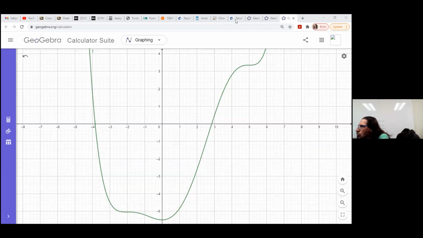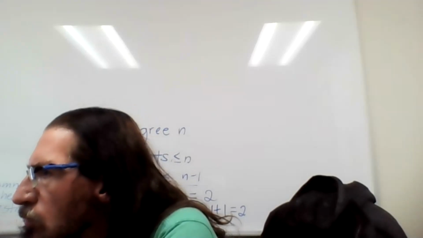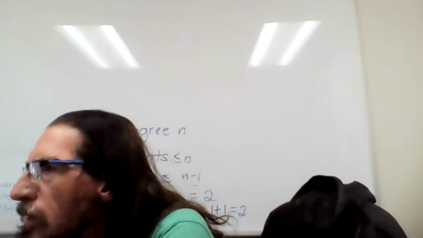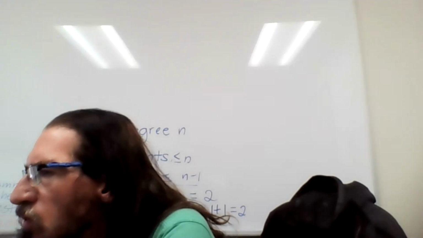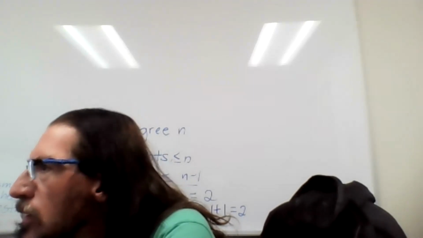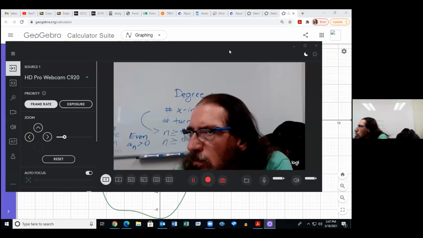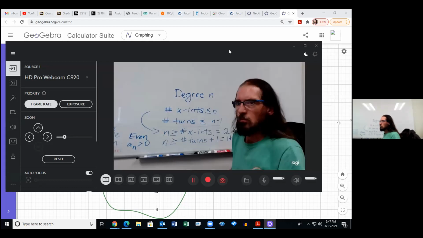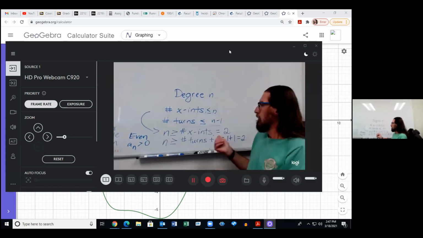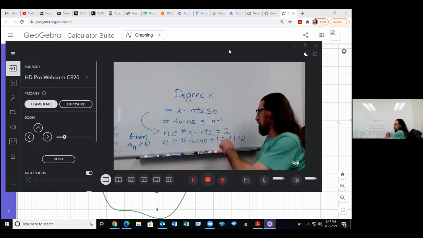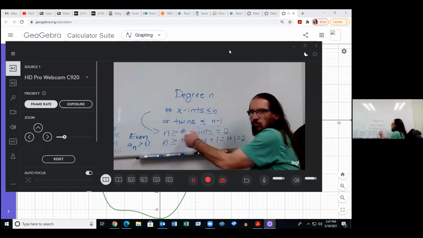Therefore, this polynomial function, we have to compare, let's see here. Since it's even, it's at least going to be 2.